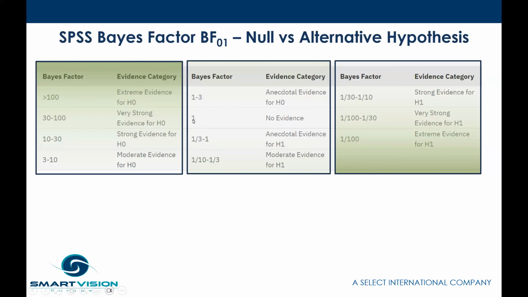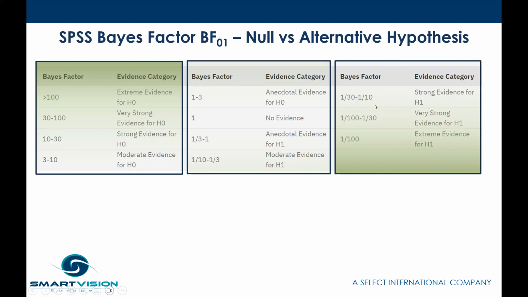And obviously, if it gets to 1, then that means no evidence. And as it starts to get below 1, into 1 divided by 3, so a third, to 1 divided by 10, that's 0.33 to 0.1, moderate evidence for the alternative hypothesis.